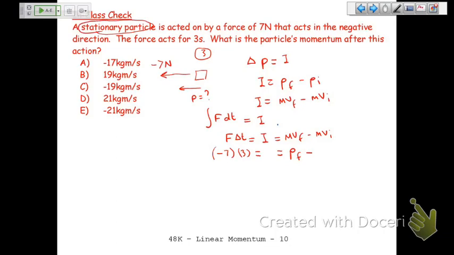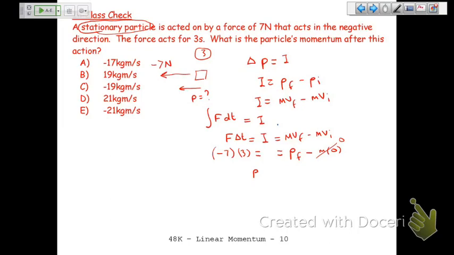And so I know my initial velocity is 0. So whatever the mass is, if I multiply it by 0, it becomes 0. So that information is kind of hidden away there. So P final is equal to minus 21.